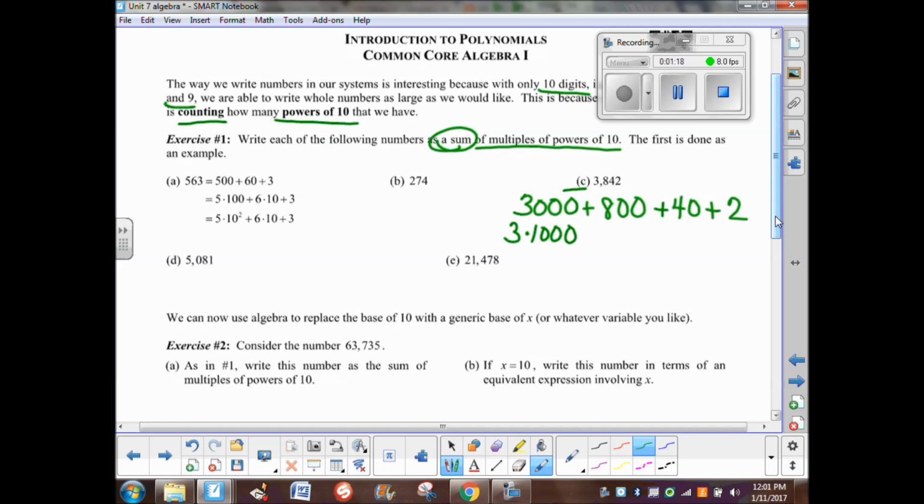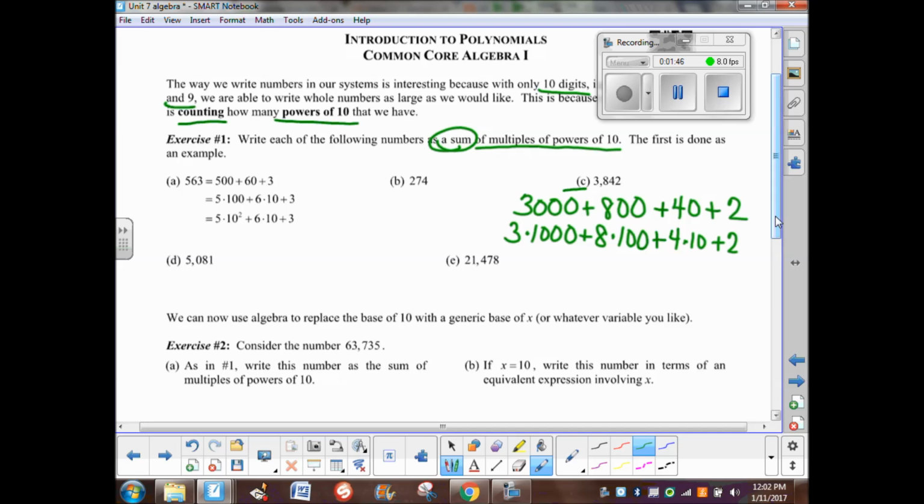I have 3,000 plus 8 times 100, because I have 800, plus 40, which is 4 tens, 4 times 10, plus 2, and if I really want to get down to that 2 ones, how could I write it? I could say a power of 10. I'll get to that in just a second in my next step. So it's a 2 times 1 there on the end.